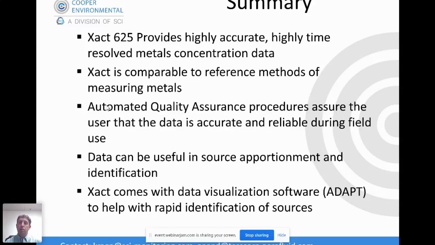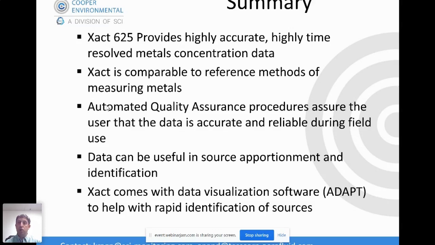So finally, in summary, the Xact provides highly accurate, highly time-resolved metals concentration data. The Xact is comparable to reference methods for measuring metals. One key point is that the automated quality assurance procedures help assure that the data being used is accurate, reliable, and traceable to the original calibration.